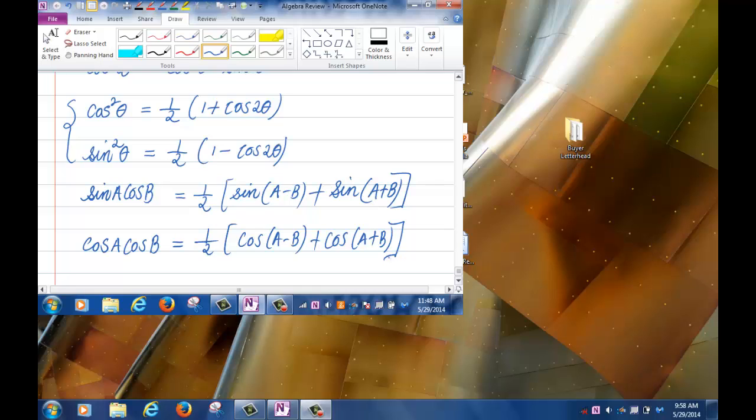Now, remember the first handout that I gave you on trigonometry? Wasn't there a page on just identities, with all the identities written on it? Those are the ones you need to know.